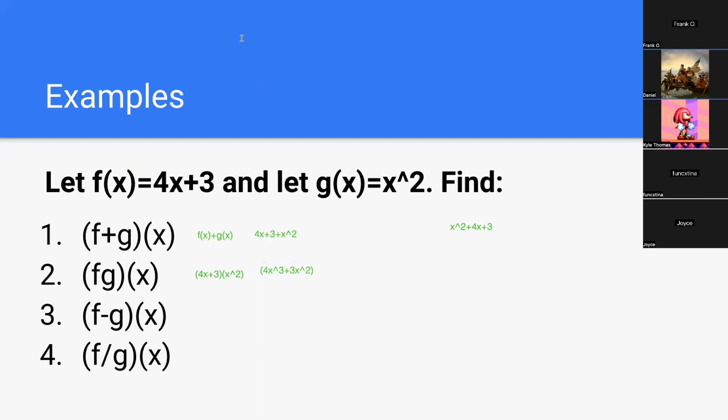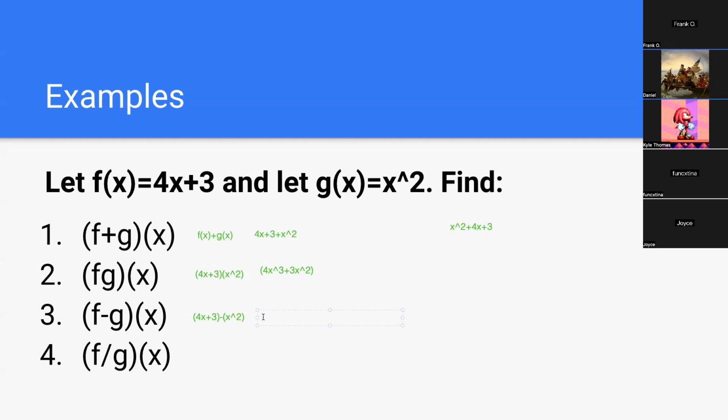All right, next one, we have f minus g of x. This one is very important because the order is really important, whether it's function f minus function g, or function g minus function f, because then the negative symbol does matter. So you have 4x plus 3 in parentheses minus x squared.